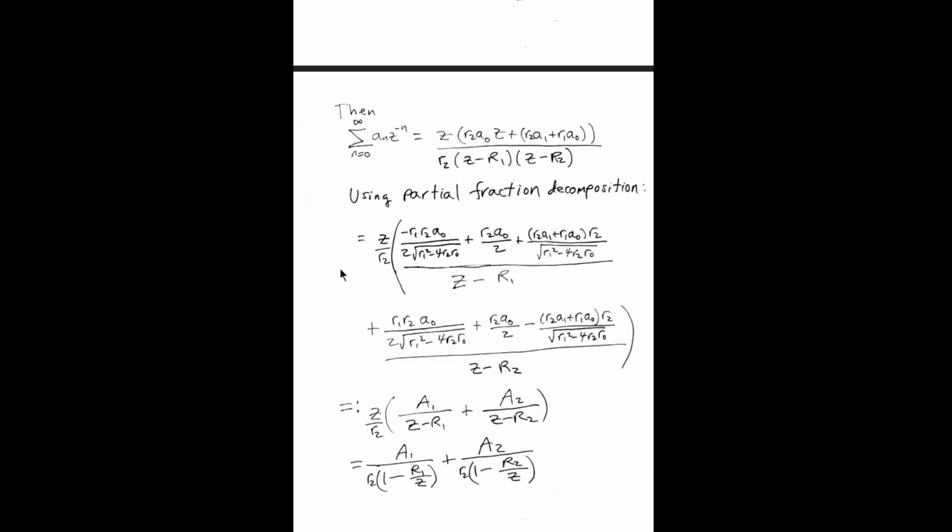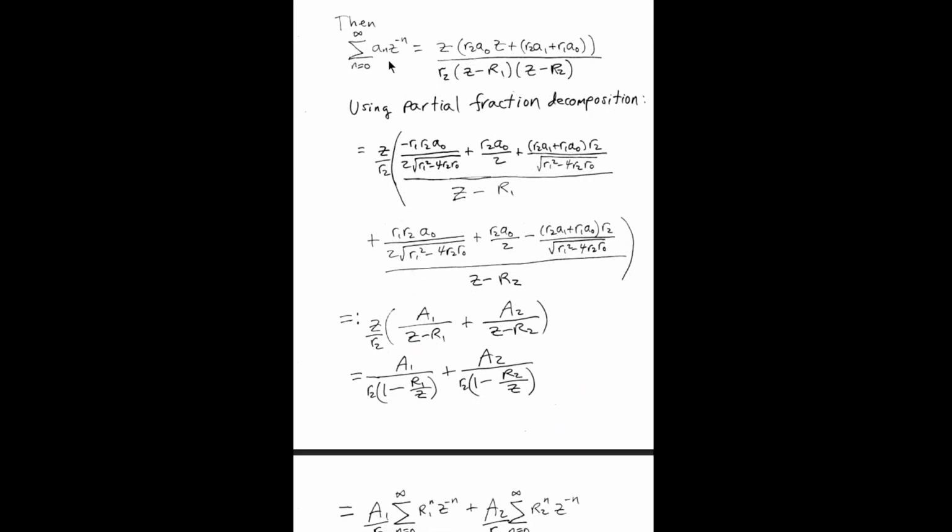All right, now let's compare this infinite series with this. This is what we started with. This was a sub n z to the minus n, and this is this quantity z to the minus n. So by the uniqueness of power series, these coefficients must be equal to each other.